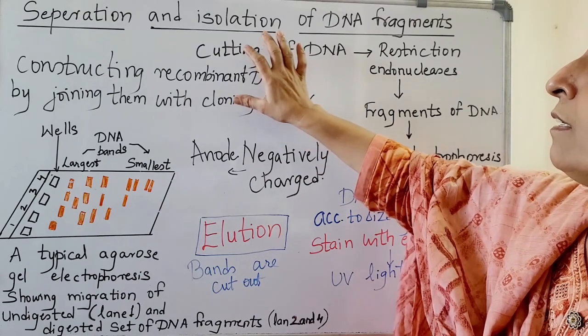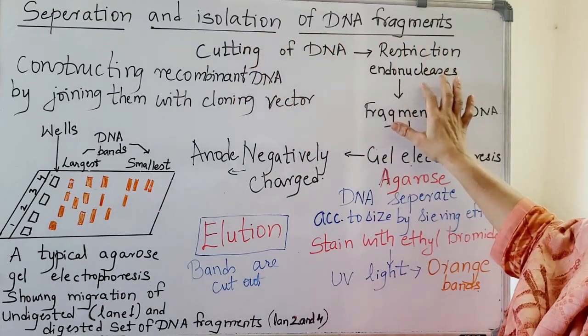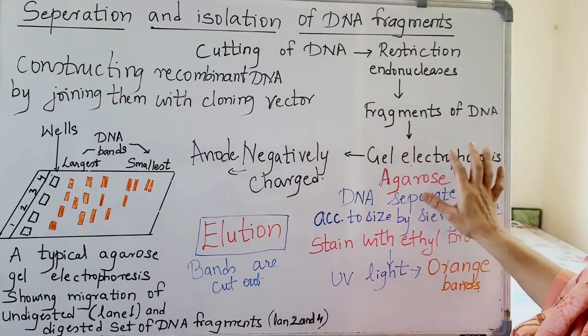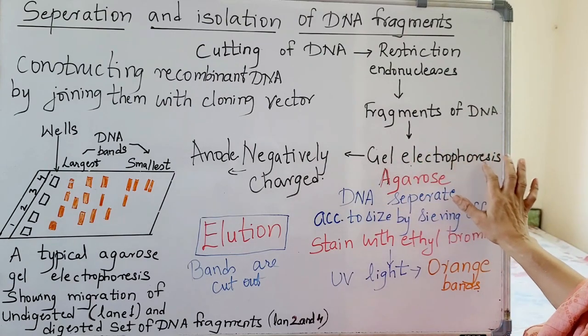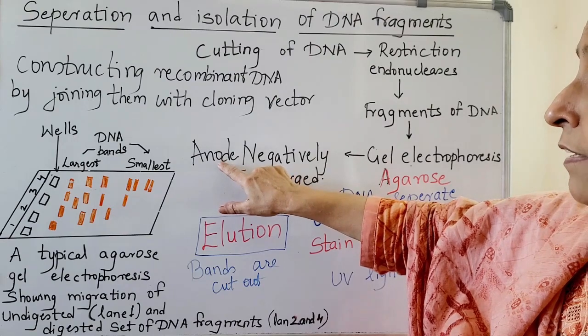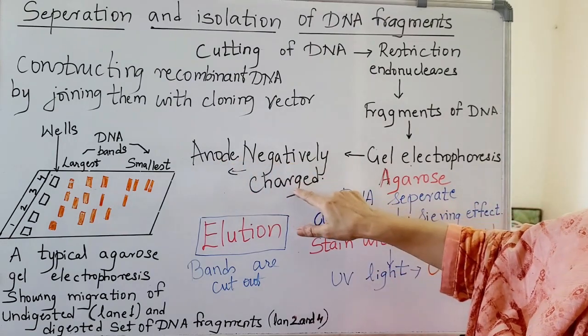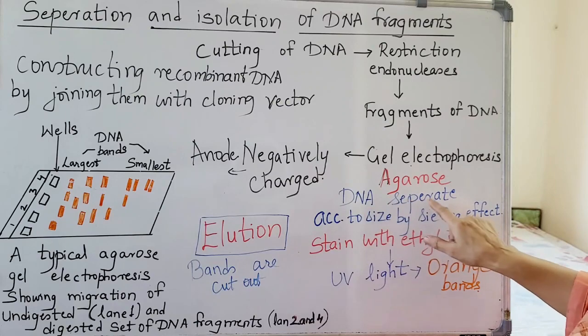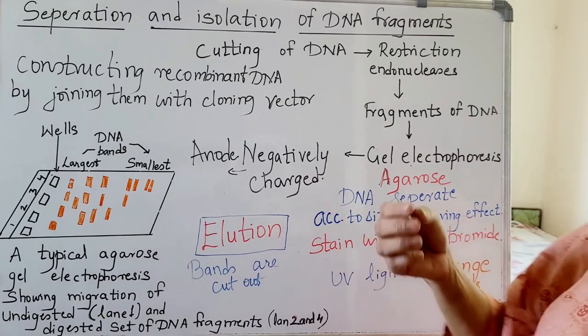So here, cutting of DNA by restriction endonuclease gives fragments of DNA, which will be separated by gel electrophoresis. They get attracted towards the anode, as they are negatively charged. DNA gets separated according to size by sieving.